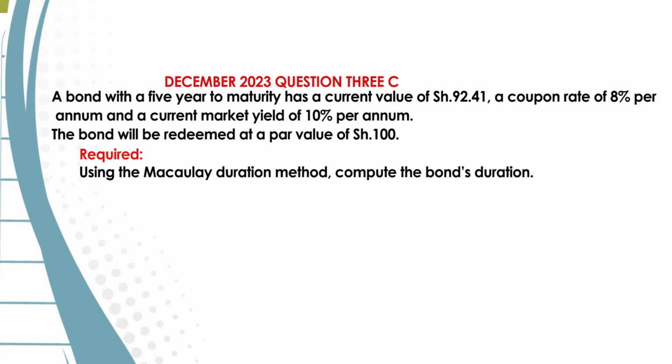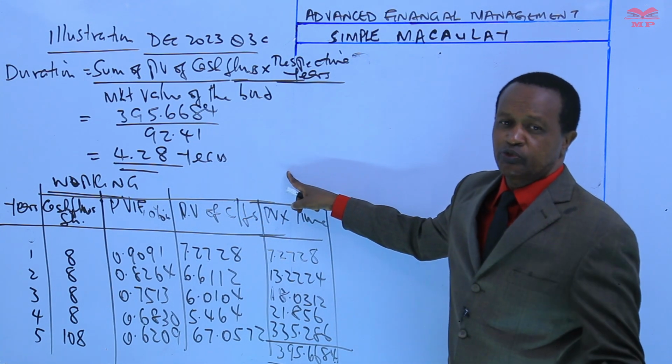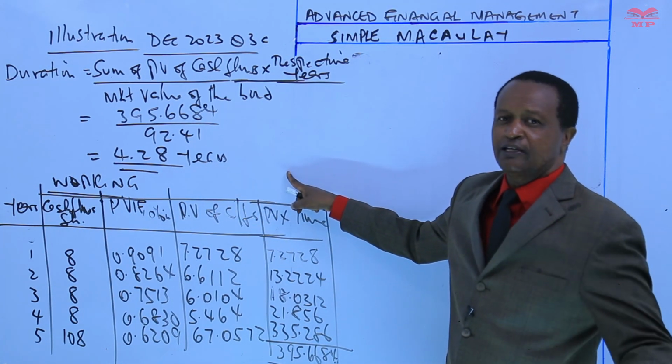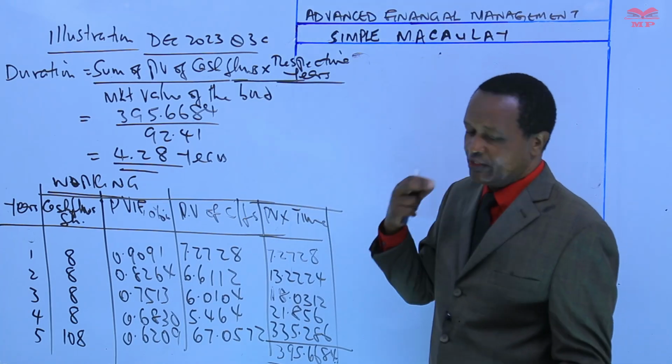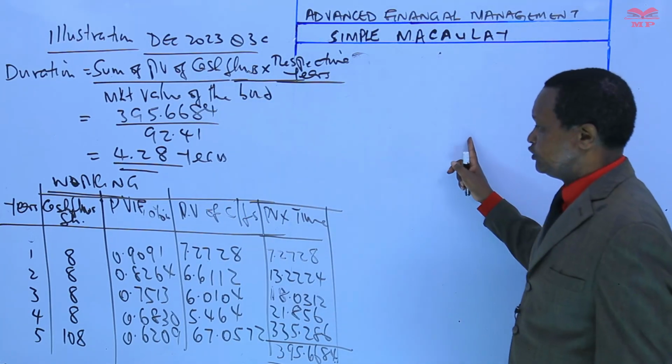So the question is, how long will it take for this investor to recoup the money that was invested, with the par value of the bond of 100 shillings and the coupon payments? So the simple Macaulay duration here is 4.28 years. It's going to take 4.28 years to receive back the money that was invested in this bond. And that's all for the simple Macaulay duration.